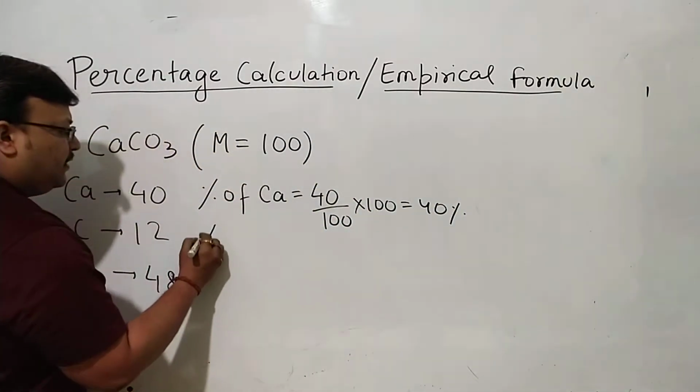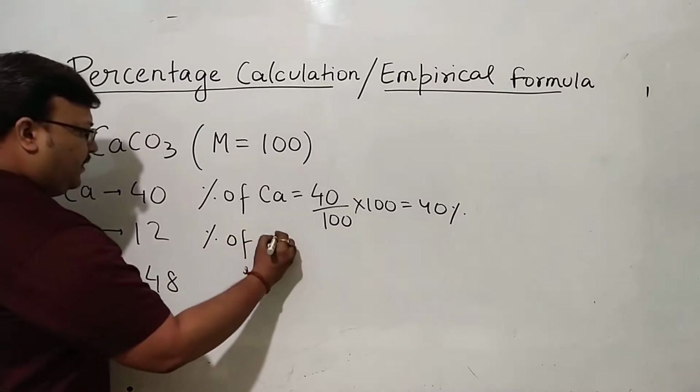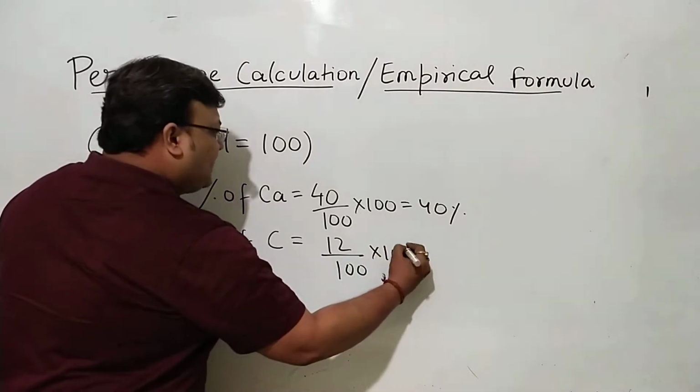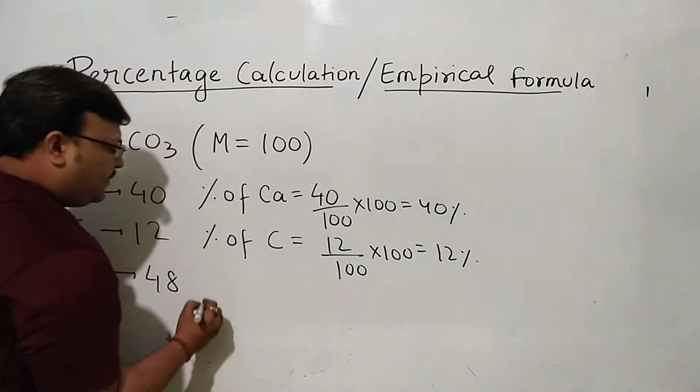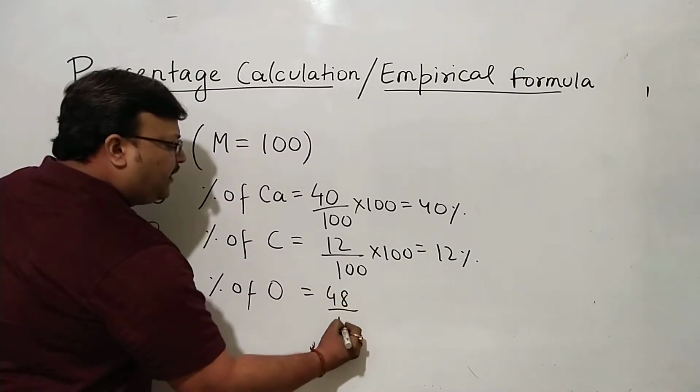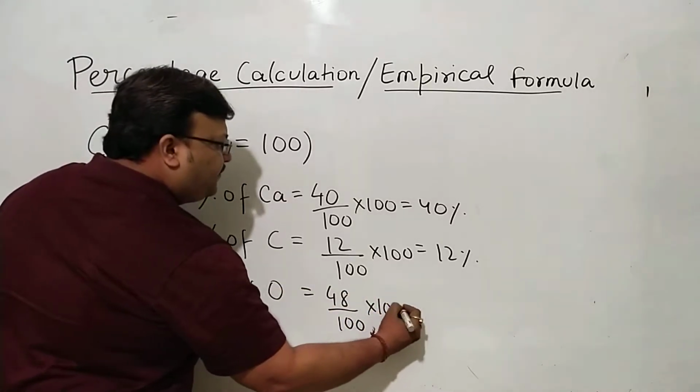The percentage of carbon will be 12 out of 100, which is naturally 12%. And percentage of oxygen, again 48 out of 100, would be 48%.